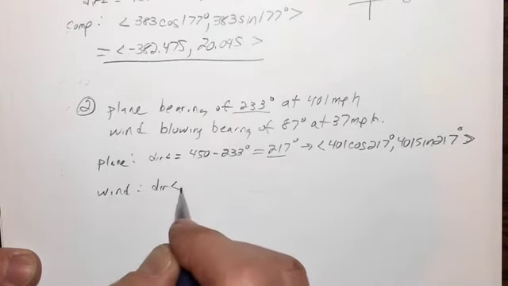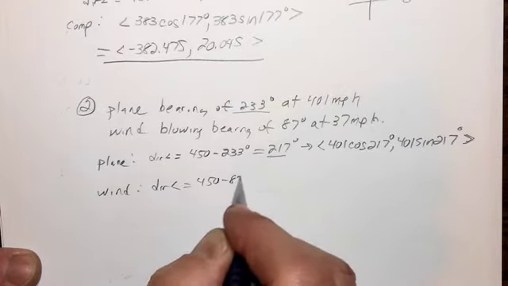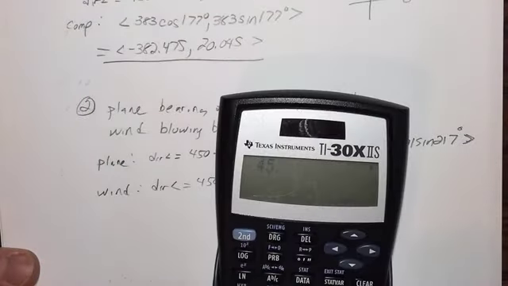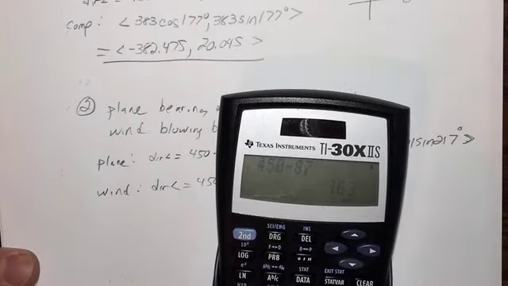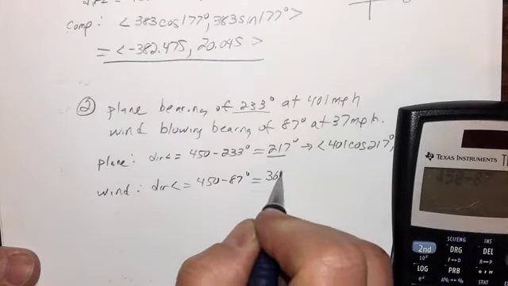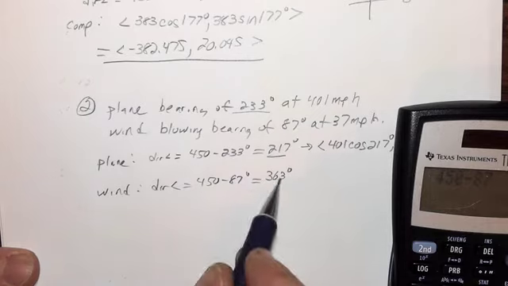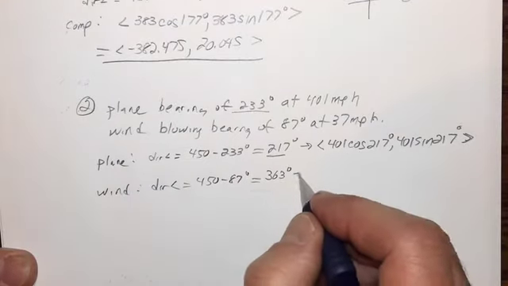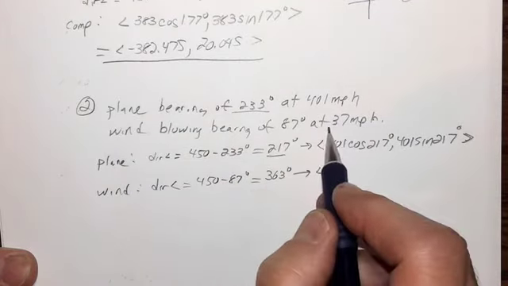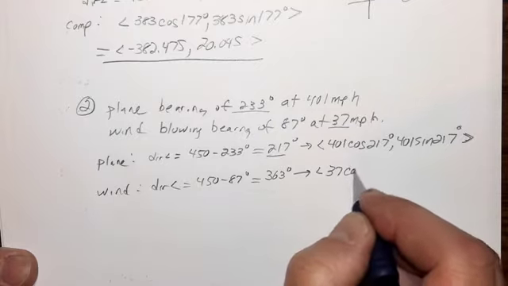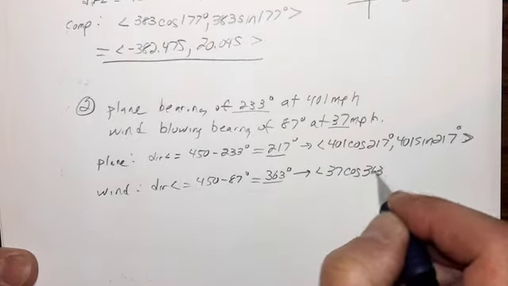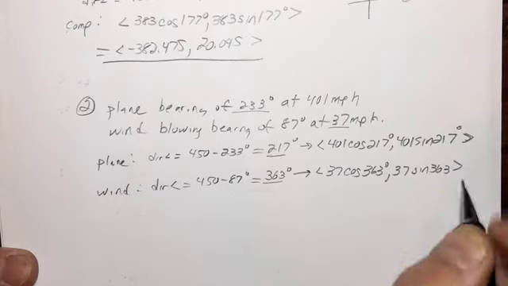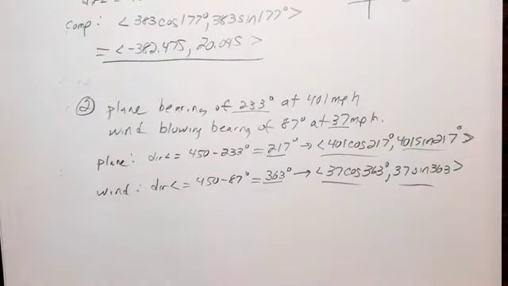Its direction angle is 450 minus 87, which is 363 degrees. Now you can use that. It makes no difference. You can subtract the 360 and find out that it's actually 3 degrees, but it makes no difference, so I'm not going to do extra work. I'm just going to go with its speed, 37, times the cosine of its direction angle, 363, and 37 times the sine of 363. And then you just put these in your calculator and write down what you have.